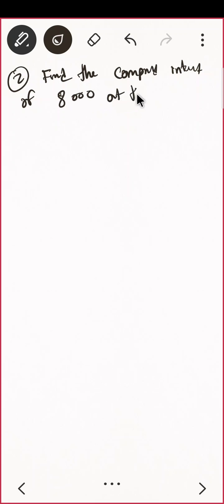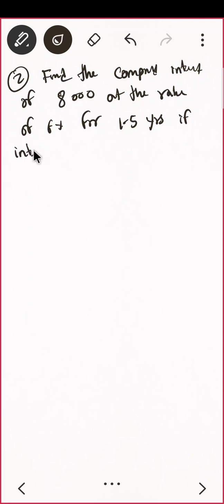Find the compound interest of 8,000 rupees at the rate of 6% for 1.5 years, if interest is calculated half yearly.